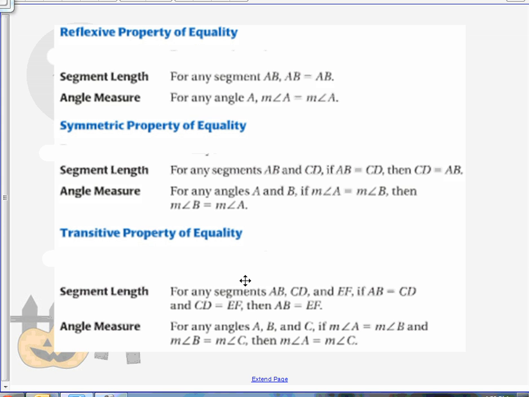If we have for any segments AB, CD, and EF, if AB is going to equal CD and CD equals EF, then using the transitive property, we can conclude that AB is going to equal EF. Same idea for the angle measurement. All right, so that pretty much sums up our different properties in algebra. A lot coming at you, but we're going to practice them tomorrow.